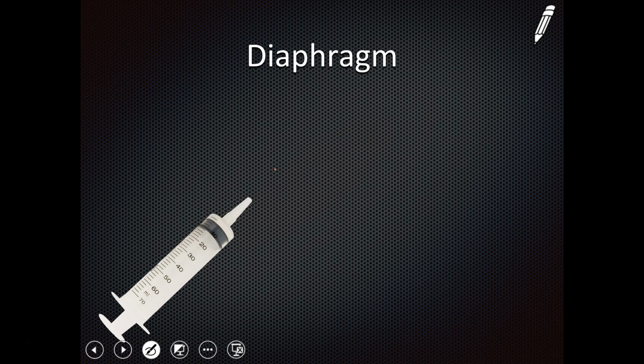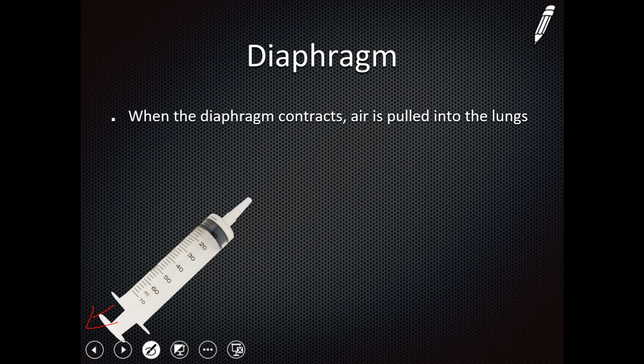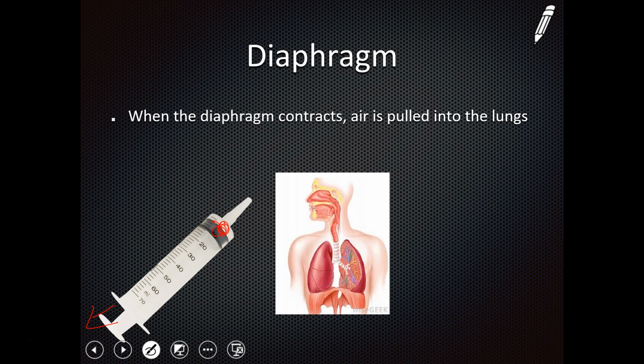And the last thing that I want to cover is simply your diaphragm. The way you actually breathe, the way that air is actually getting pulled into your lungs, is I want you to picture this syringe. If I pull that plunger down, what's going to happen to the inside of the syringe? It's going to fill up with air, okay? The same concept happens with your diaphragm.